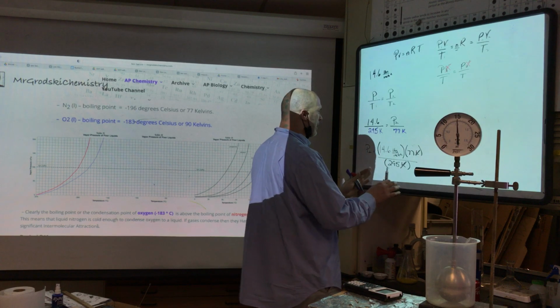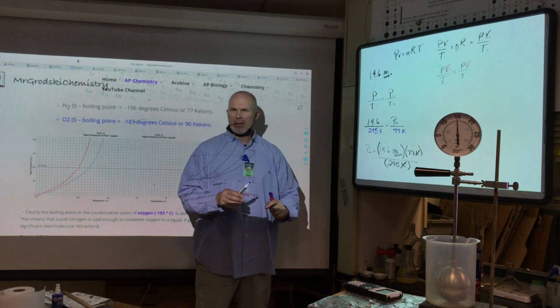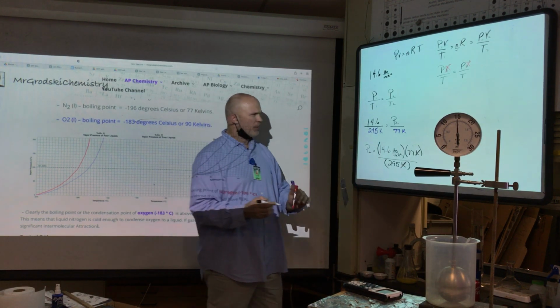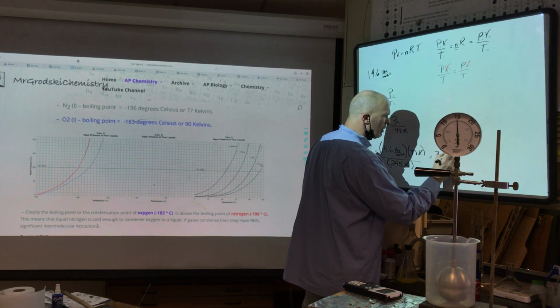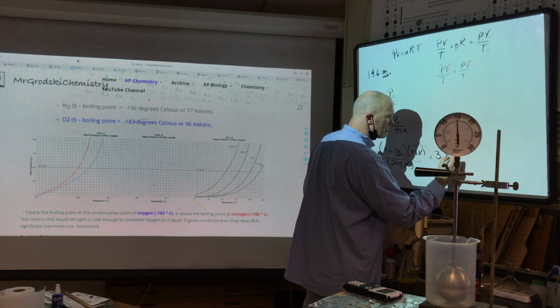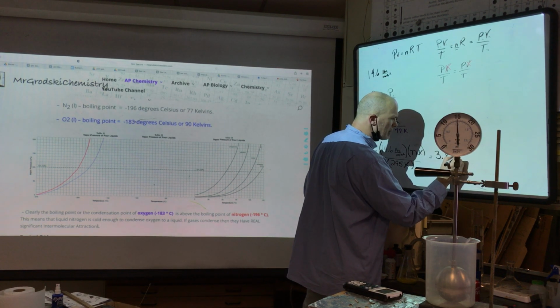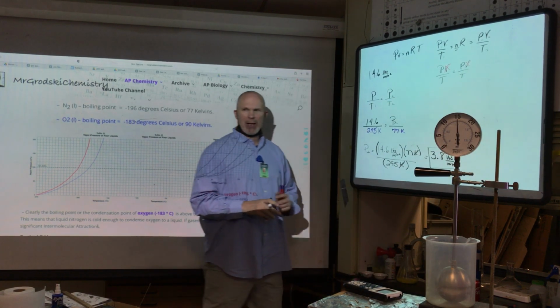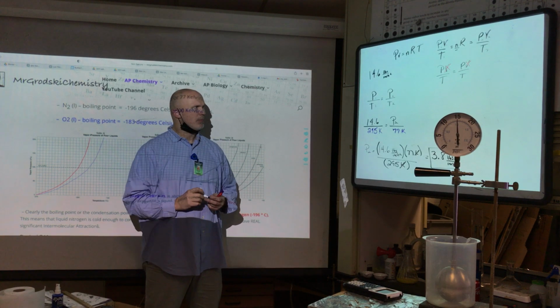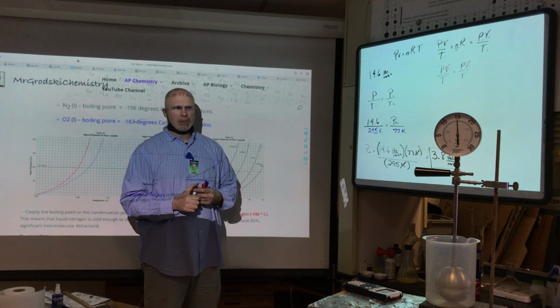Let's do 3.8 because I won't be able to read anything smaller than a tenth here. So I get 3.8 pounds per inch squared. That is what I expect to get, given the new temperature.